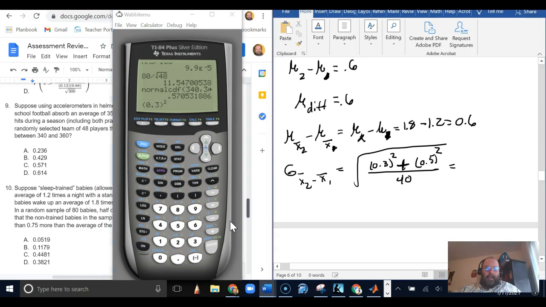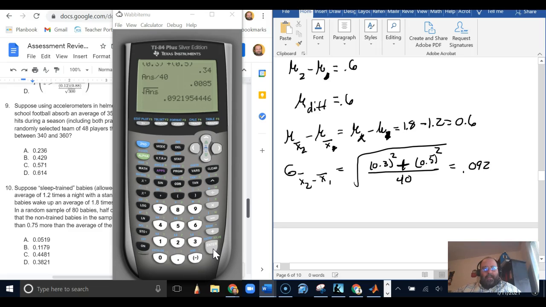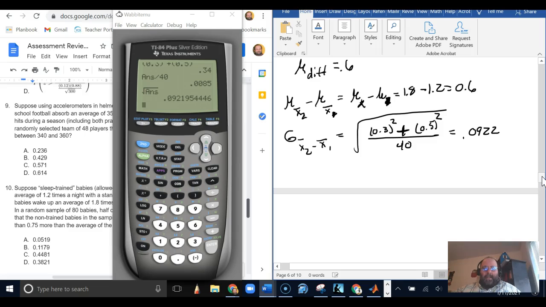So that's going to be a plus, actually, plus 0.5 squared, right? Then I'm going to divide that by the 40 different pairs, and then take the square root of that to get me back to standard deviation, which is going to make this 0.0922.